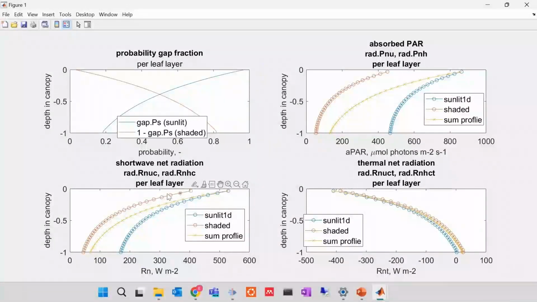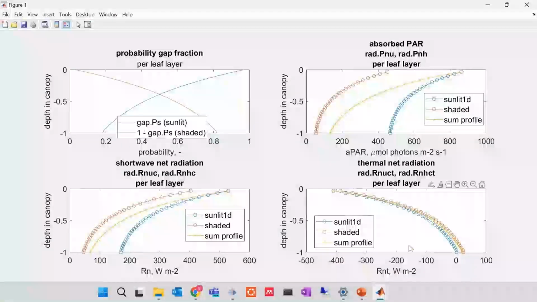Shortwave net radiation follows a similar pattern, the lower we go in canopy, the lower net radiation, there's less light. But interestingly, thermal net radiation follows the opposite pattern, because the leaves on top, they emit more radiation, and they also receive less radiation because it's thermal.